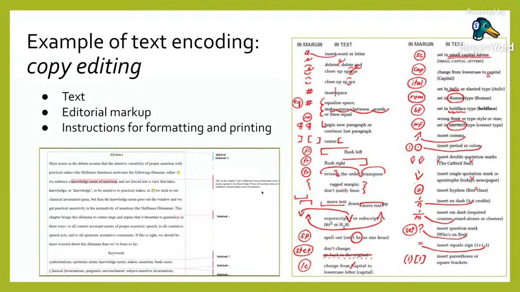So editorial markup, copy editing, is using a system of symbols that represent some sort of information, and a lot of these symbols and marks are standardized, though they vary through countries. Publishers and individual editors might actually have their own preferred approaches towards marking these things.